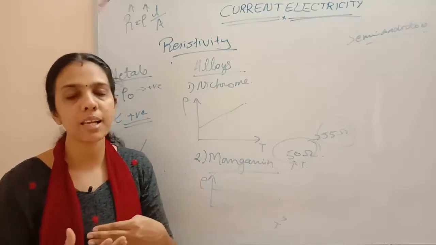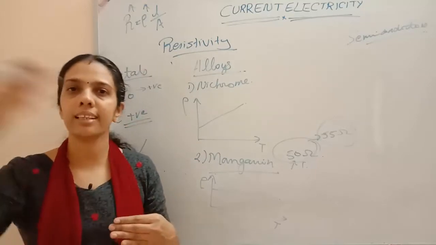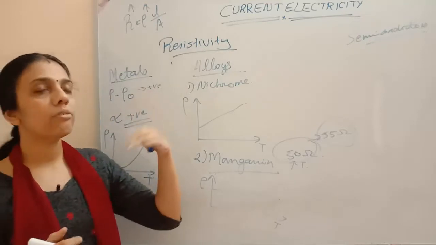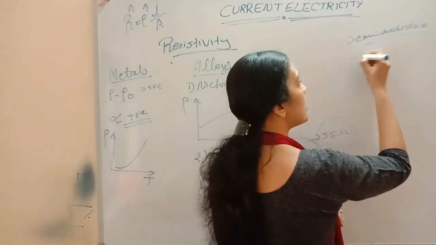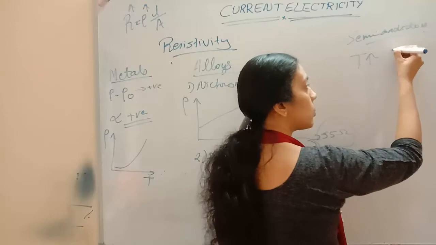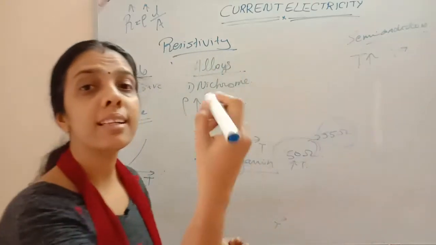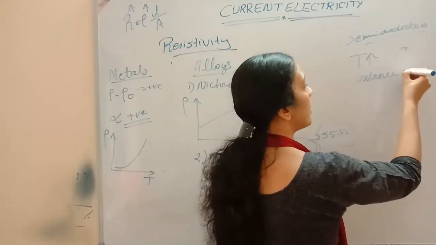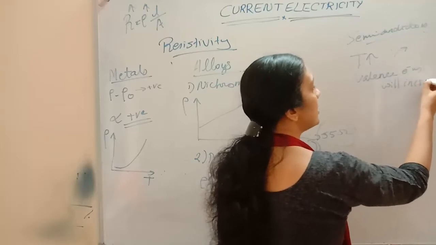If they gain some energy, the electrons at the outermost shell will easily come out from the surface. So if we increase the temperature, number of valence electrons will increase.